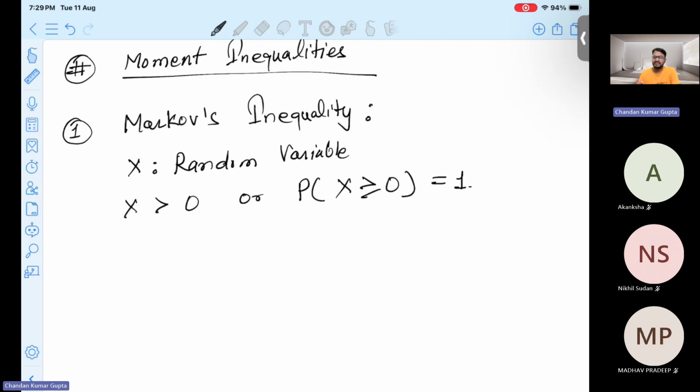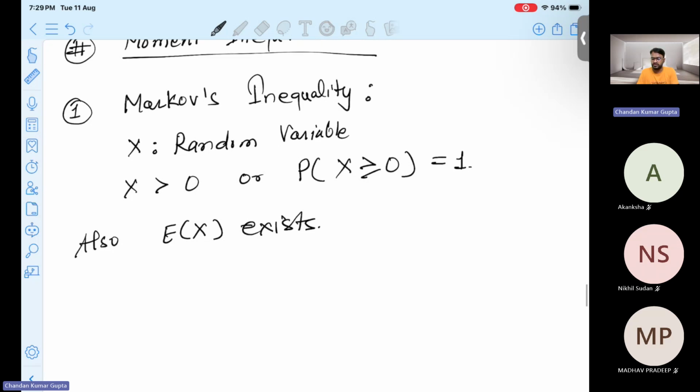Also, the expectation of x exists. So we have only the expectation of x; I do not have extra information related to the random variable x.